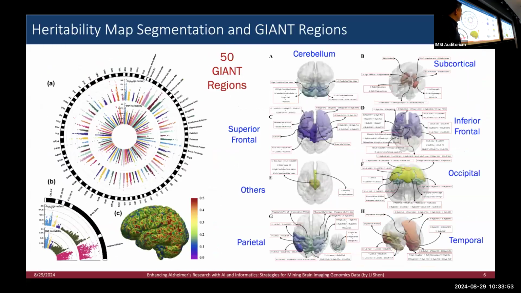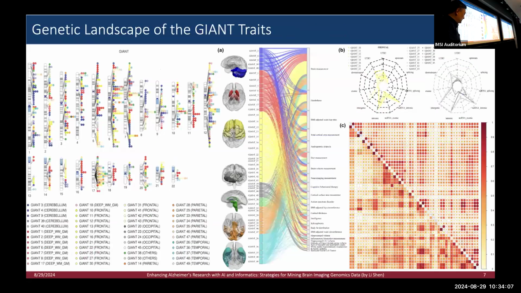So these are the voxel level heritability measures. One is the heritability, the other the p-value, right? And here are the regions we identified. And we did some GWAS analysis to figure out the genetic landscape of these imaging genetic findings. You can see all these are chromosomes, and color indicates different regions.